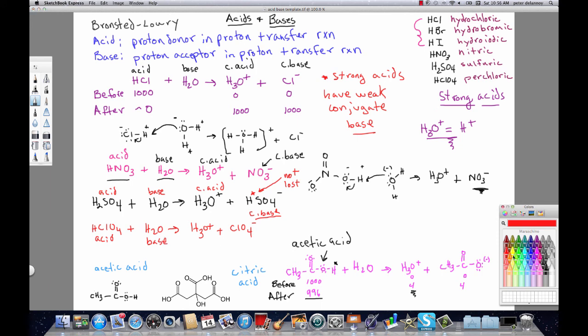Again, the H3O+ is the conjugate acid linked to the water. All right, and the ClO4- is my conjugate base, and it is linked to the original acid. All right, and I'm going to go ahead and close here.